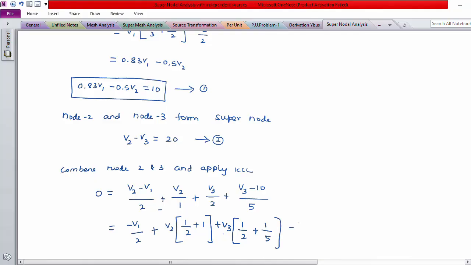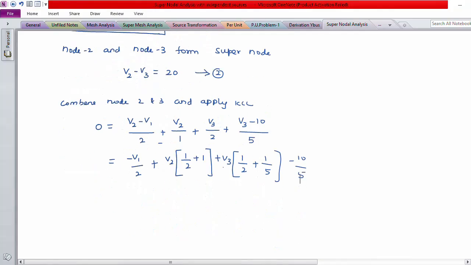Then minus 10 by 5. Now we can simplify these equations. We will get minus 0.5 V1. Then if you simplify this, we will get 1.5 V2. Then for V3, we will get 0.7 V3 minus 2.